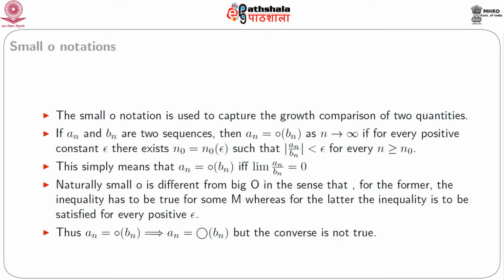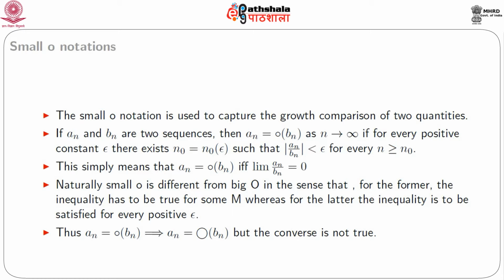So, next we shall define another notation which is known as small o notation. The small o notation is used to capture the growth comparison of two quantities. If a_n and b_n are two sequences, then a_n equal to small o of b_n as n tends to infinity if for every positive constant epsilon there exists some n naught depending on epsilon such that absolute value of a_n by b_n is less than epsilon whenever n exceeds n naught.